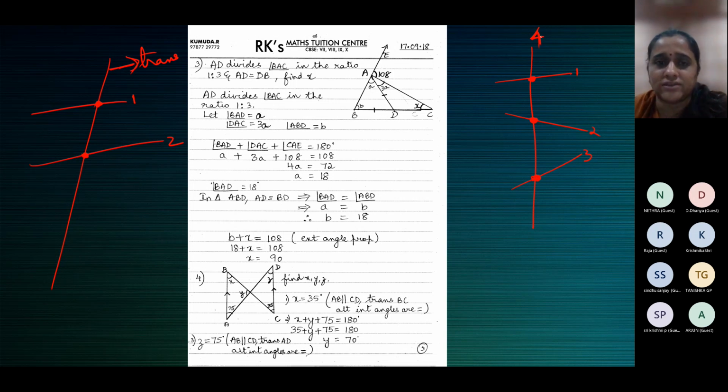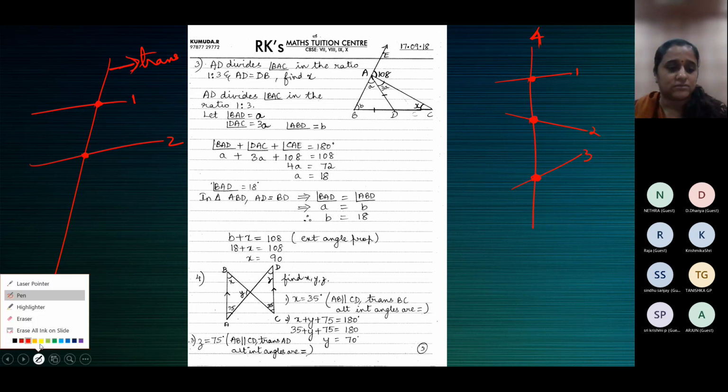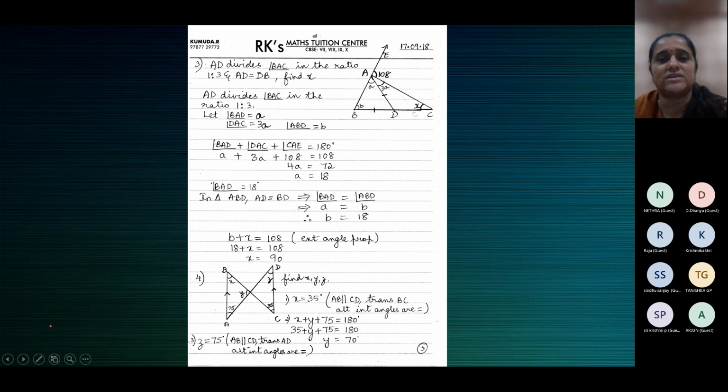So 4 intersects 1, 2, and 3 at distinct points, at different points. A transversal is a line that intersects two or more lines at distinct points.